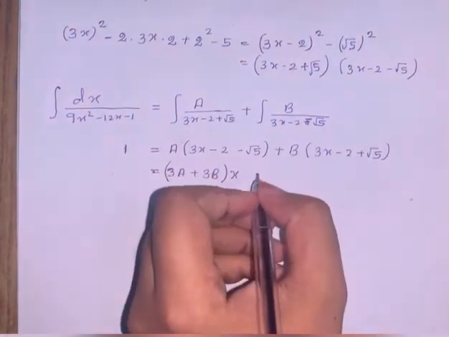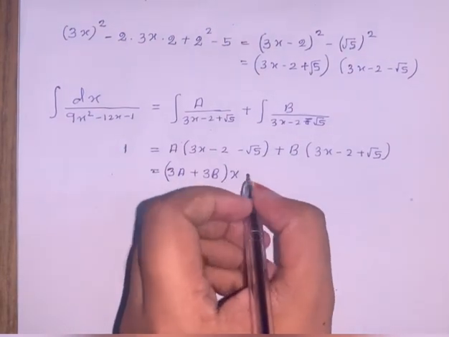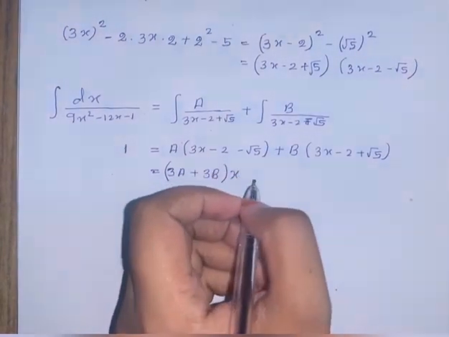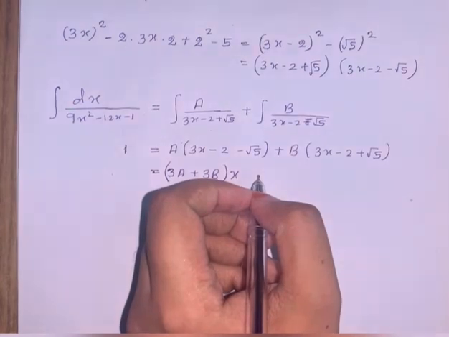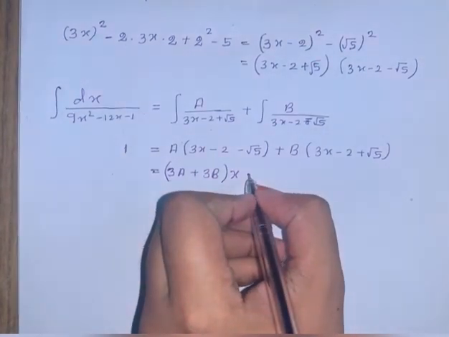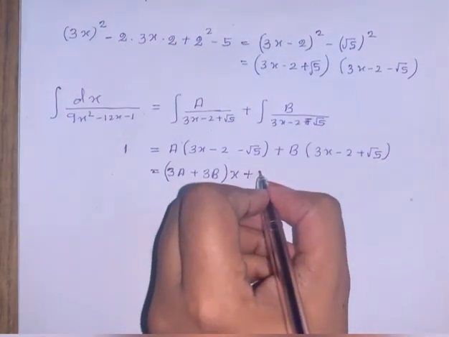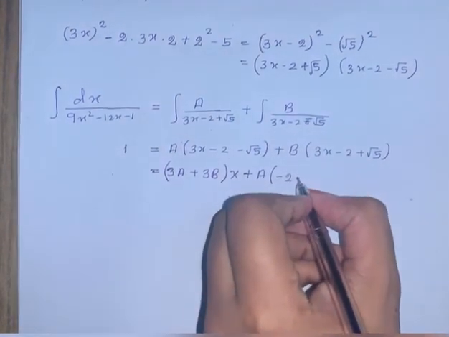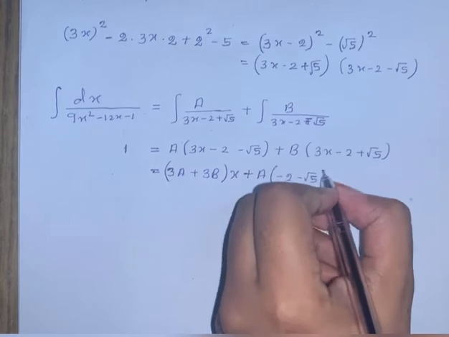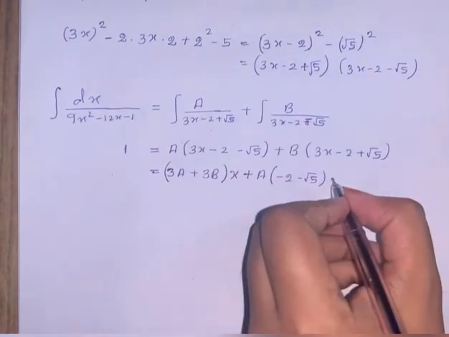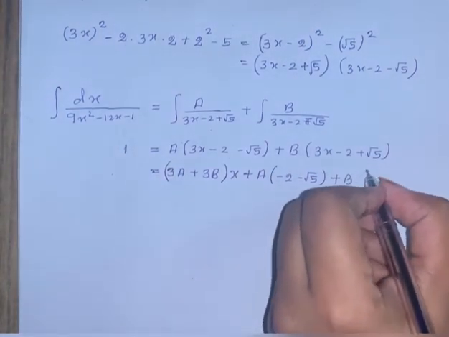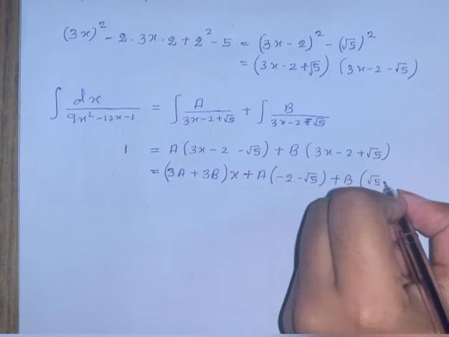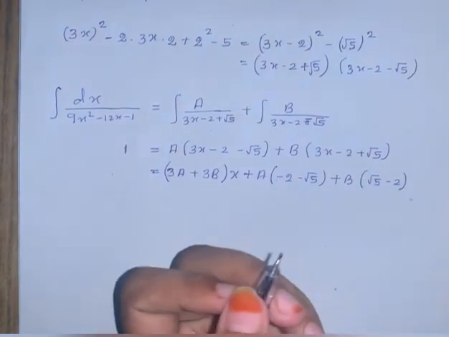I'm writing the last line. Okay, so here minus 2 minus root 5 will remain, so we can write them as plus a into minus 2 minus root 5. If you want, you can rearrange it, right? Okay, that's your wish. Plus b into root 5 minus 2.